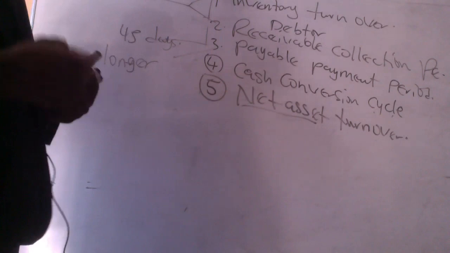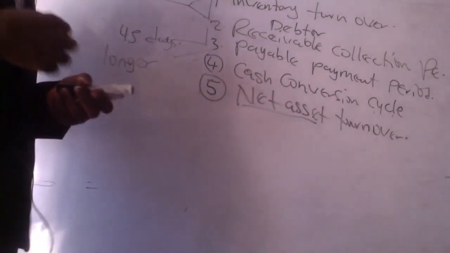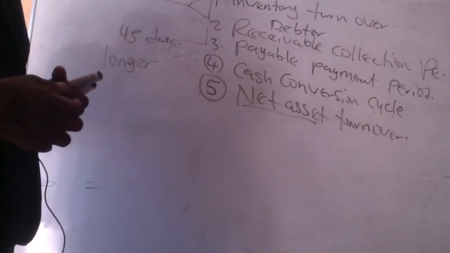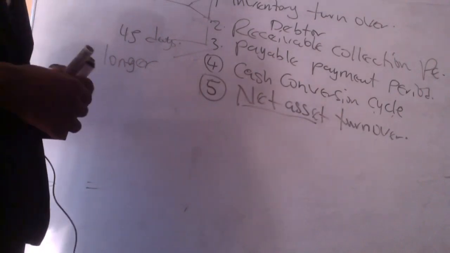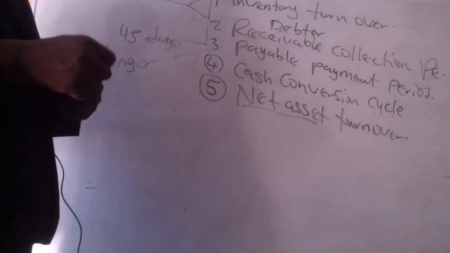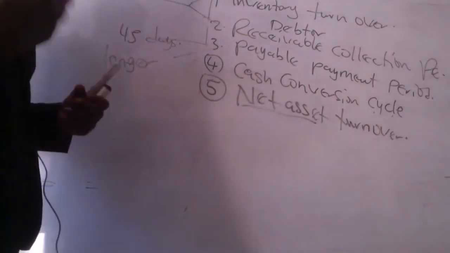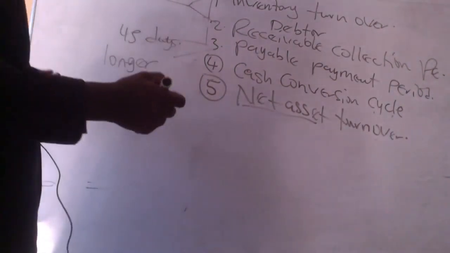If it is high, it means that the organization is being efficient. And what can cause that? Probably routine maintenance, and then regular replacement of damaged assets, so that your assets are always giving you the maximum return, or the maximum yield. So take note.